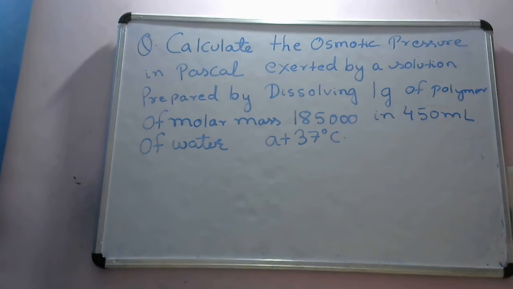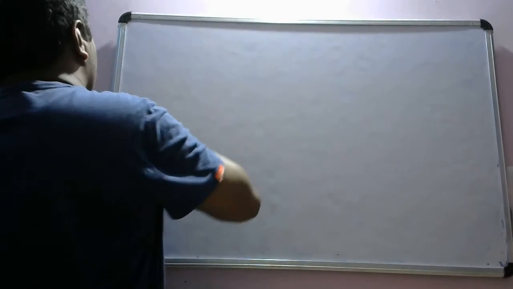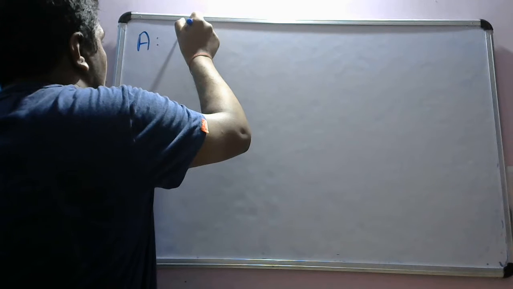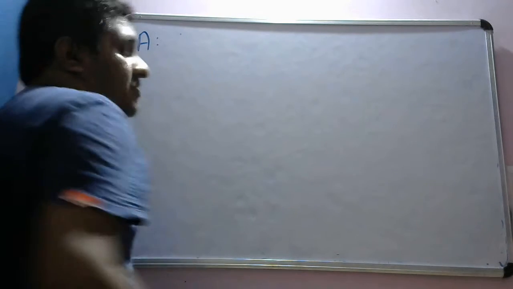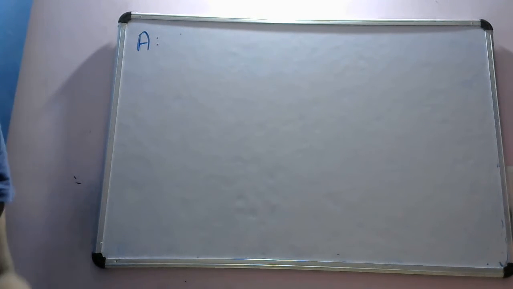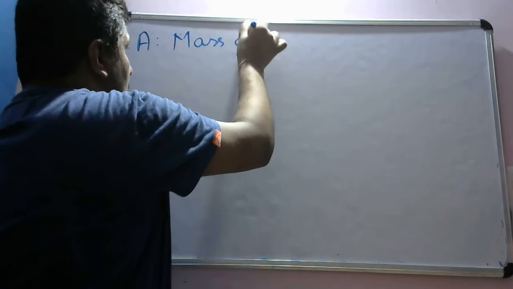Fine. So let us start solving. First of all we will note down what is given to us, that is the mass of solute and the molar mass of solute. Polymer is our solute.